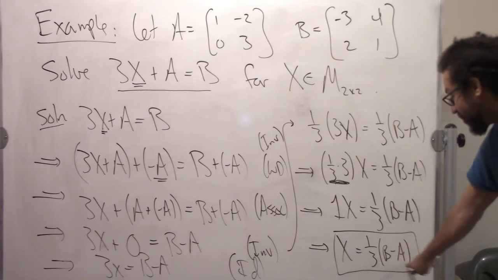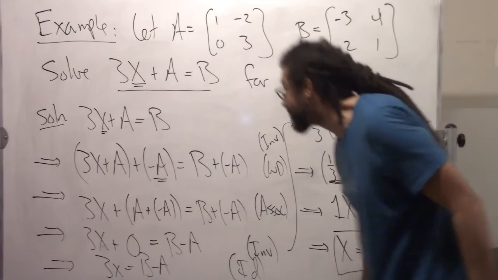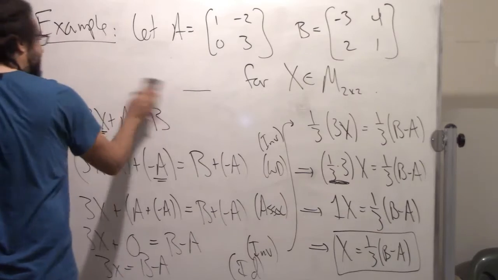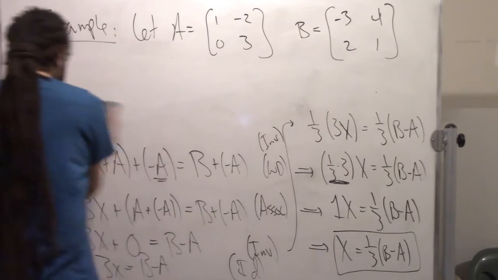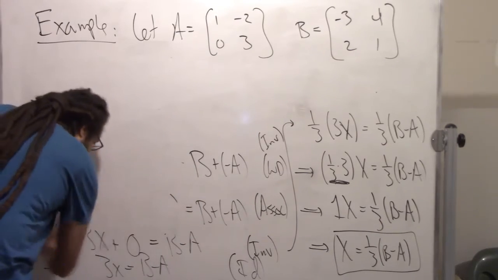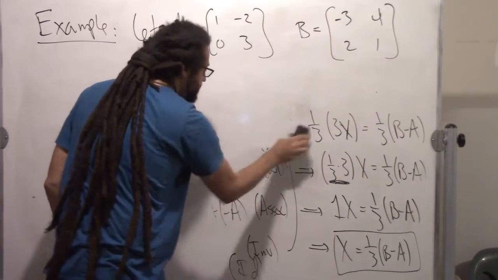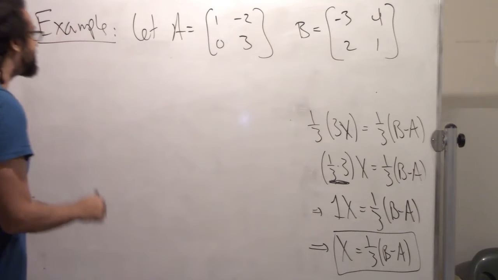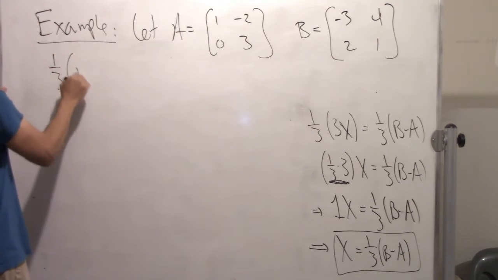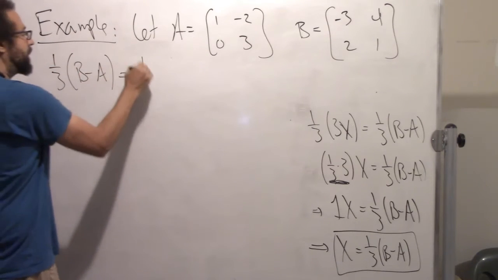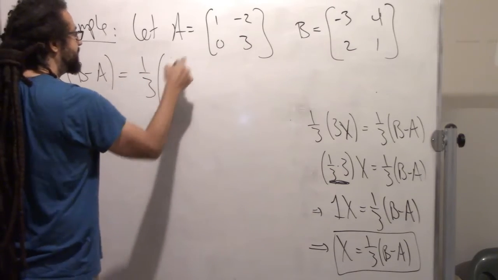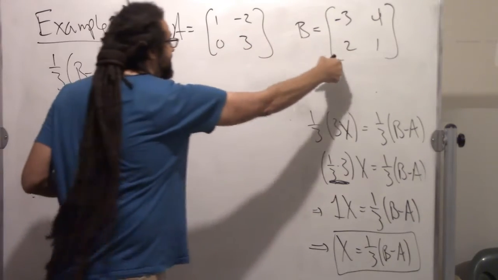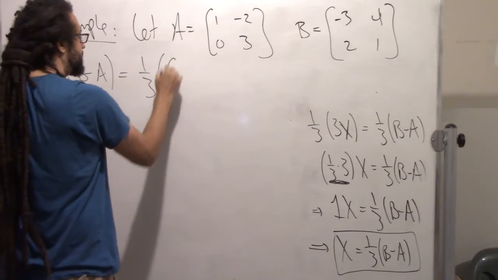So all I need to do is compute this thing. So that's what we'll do now. And that's an easy thing to do. So 1/3 (b minus a), it's 1/3 this matrix minus this matrix.